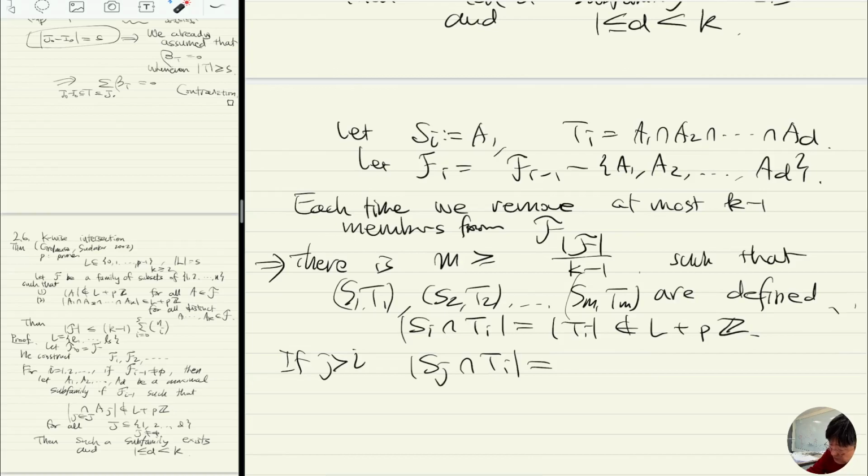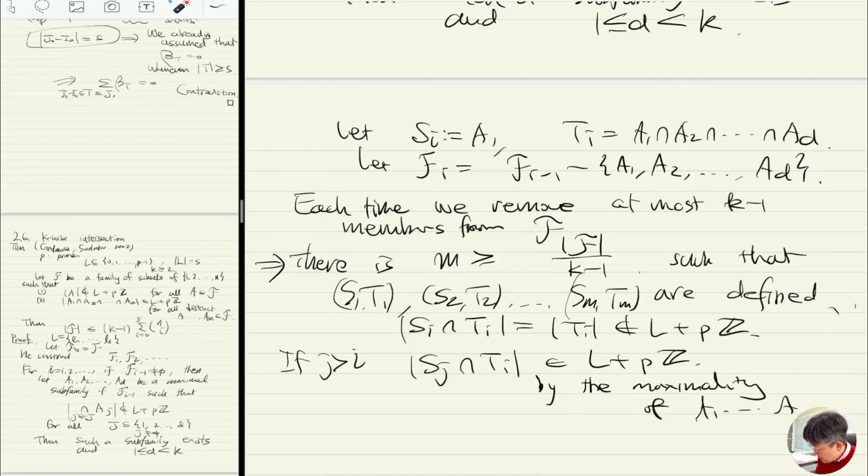This is coming from the fact that Sj was not in our maximal subfamily A1 up to Ad, so by the maximality of A1 up to Ad, the intersection must be inside L plus pZ. Because if it were not in L plus pZ, then we could have chosen it to be inside our family. Is it okay?